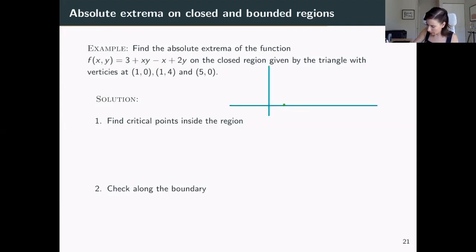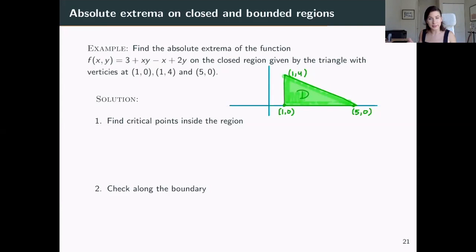We have our points (1, 0), (1, 4), and (5, 0). Connecting these together, the region is this green triangle that I will fill in. This is my region D that I'm going to be evaluating my function on.